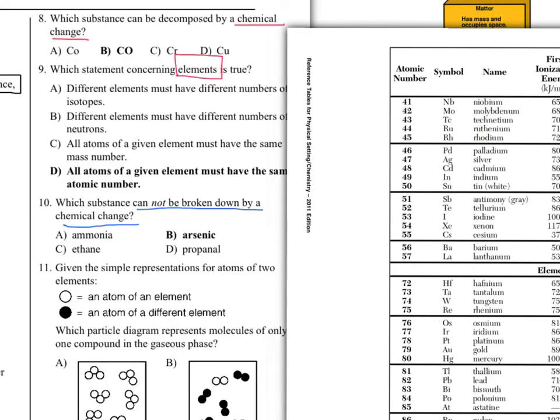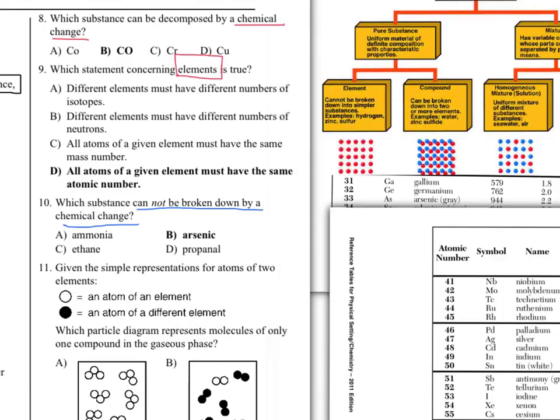So here, since we cannot break them down, we're looking for an element. Elements are found on reference table S. And arsenic is actually element number 33.